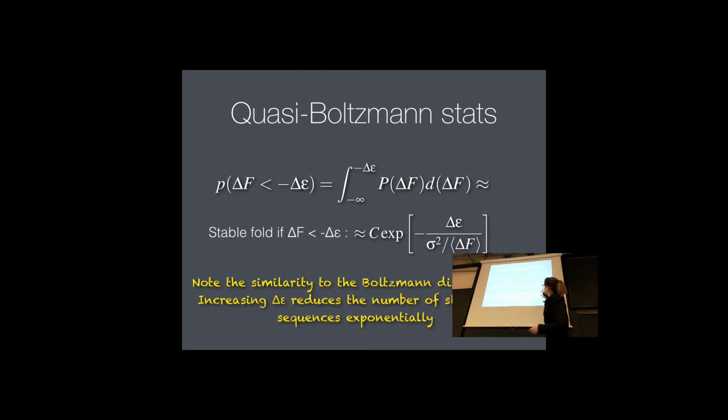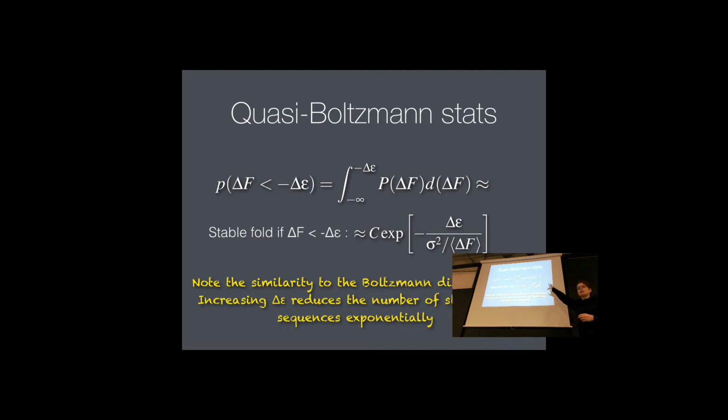In fact, this will come out with the fold being stable if delta F is lower than minus delta E, and the probability of this is equal to a constant times exponential of minus delta E over this factor that is sigma squared divided by delta F, so variance over the mean.